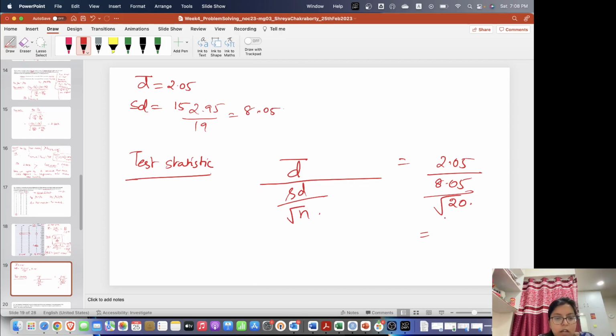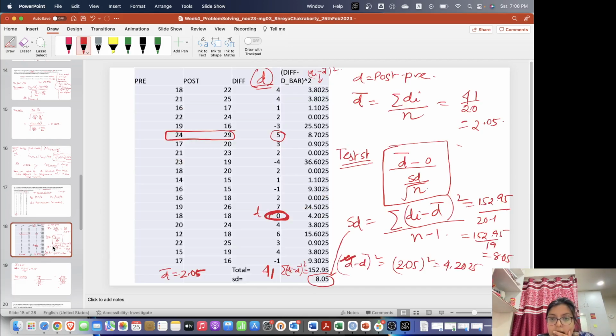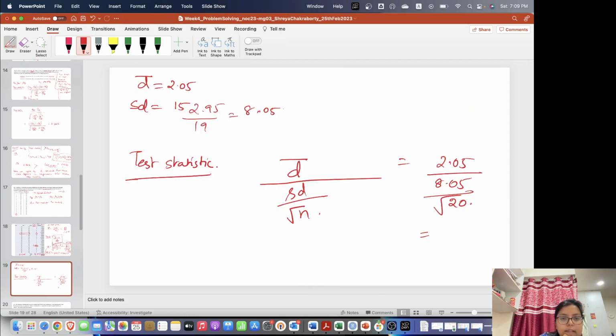Some mistake I am making, it seems. One second. Oh, understood. SD will be root over this thing. This is 2.83.